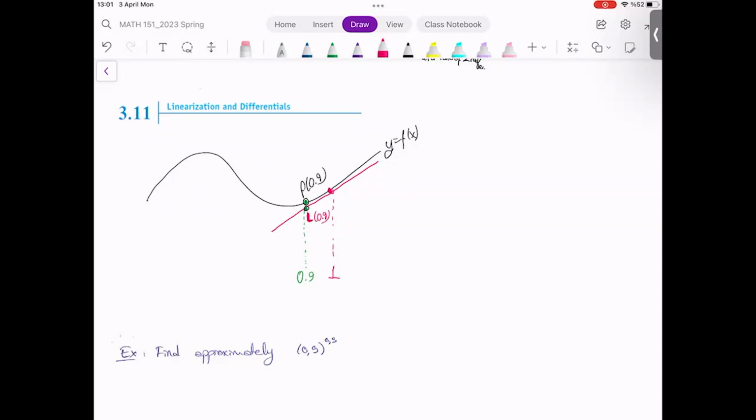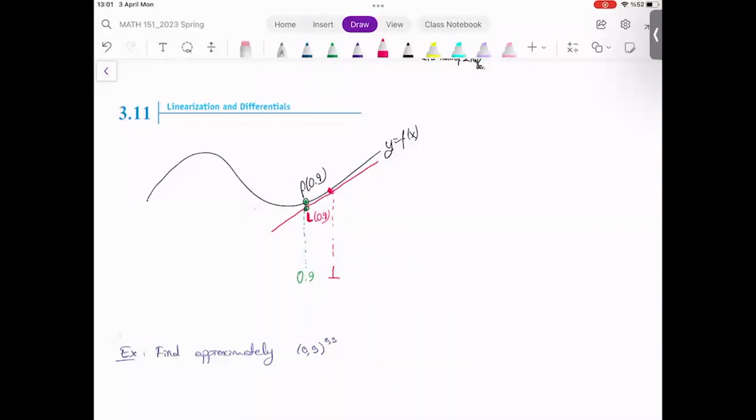So linearization function, as I explained in the lecture videos, is the same as the tangent line function, okay? The equation of the tangent line is the same as the equation of the linearization function. They are mainly the same thing.